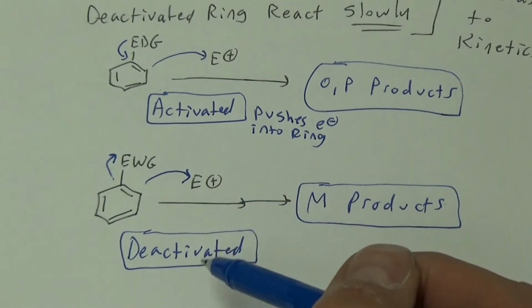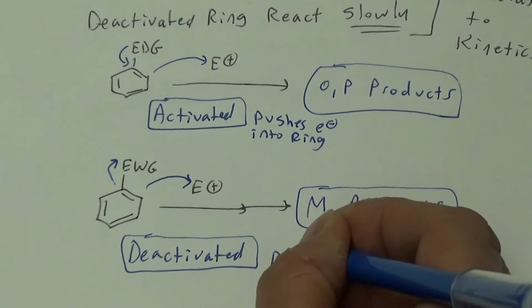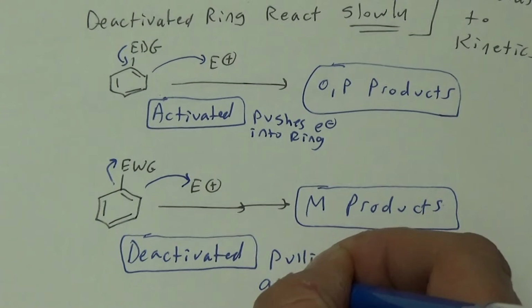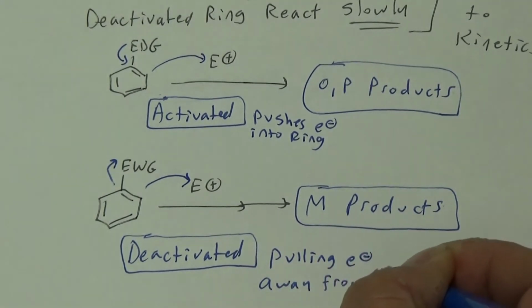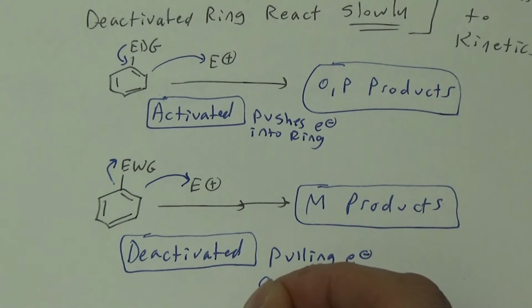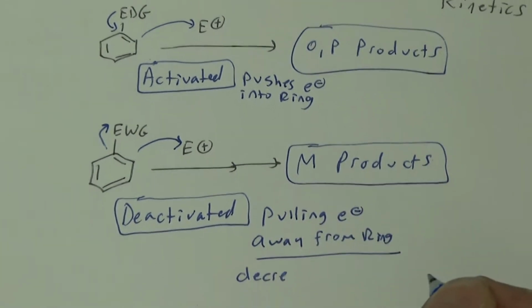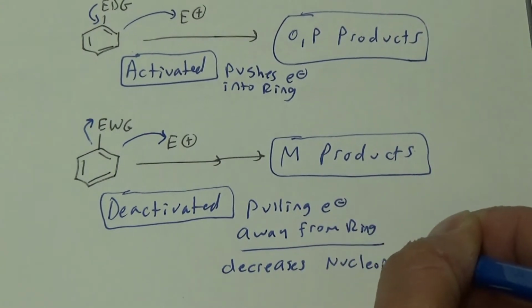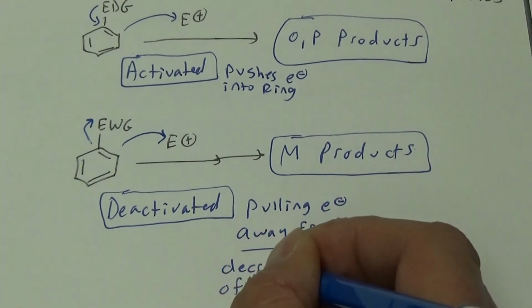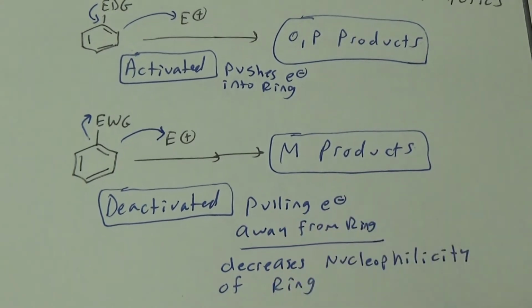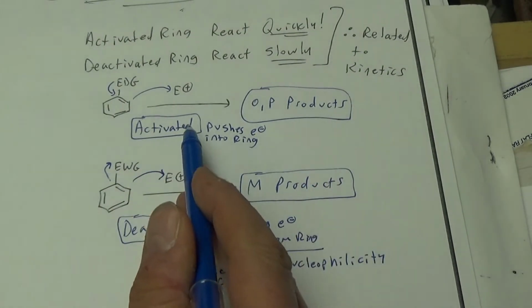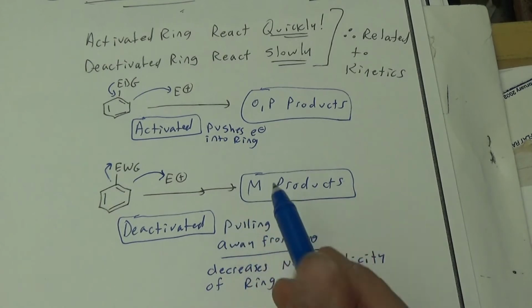So yes, deactivated. You could say the benzene is less nucleophilic, it decreases the nucleophilicity of the ring. Kind of makes sense, right? I think that makes sense: a donating group would be activated, an electron withdrawing group would be deactivated.